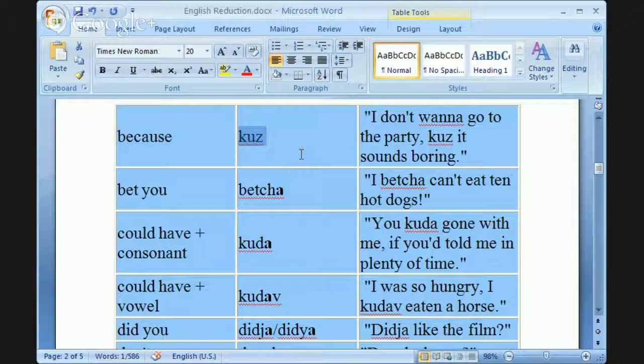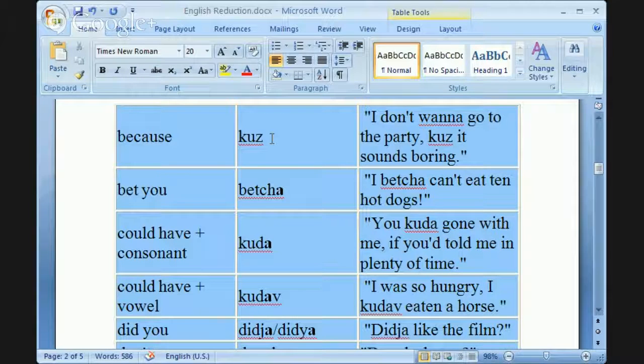Can you make your own sentence? I'm still sleepy because I don't have a cup of coffee.